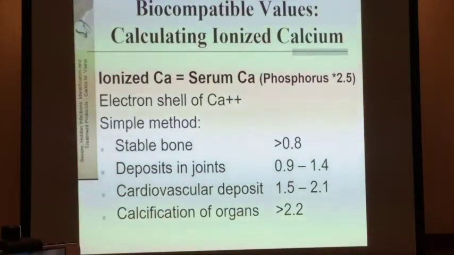When it's between 1.5 and 2.1, we know that the calcium is being deposited in the arteries, and this is the real foundation of arterial sclerosis, not cholesterol.